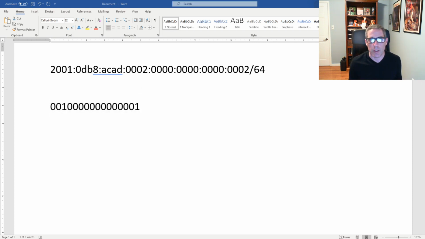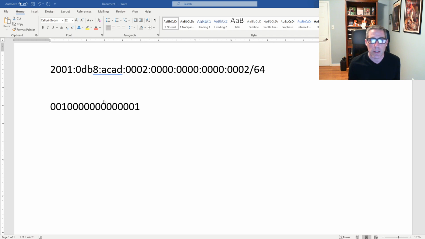So what do we do instead? We take each hextet and break it into groups, so each hexadecimal character represents 4 binary characters. Then we have 4 hexadecimal characters together, which makes it a little easier to recognize.